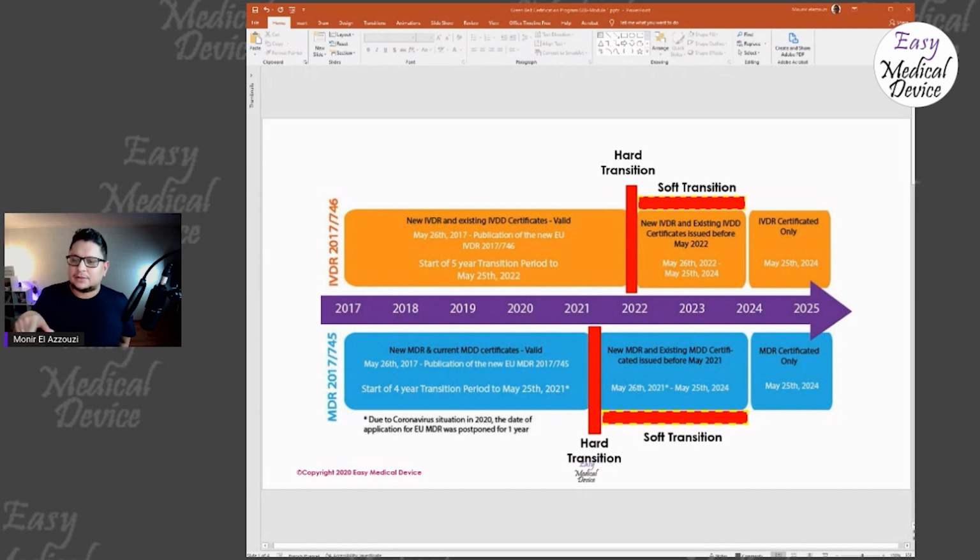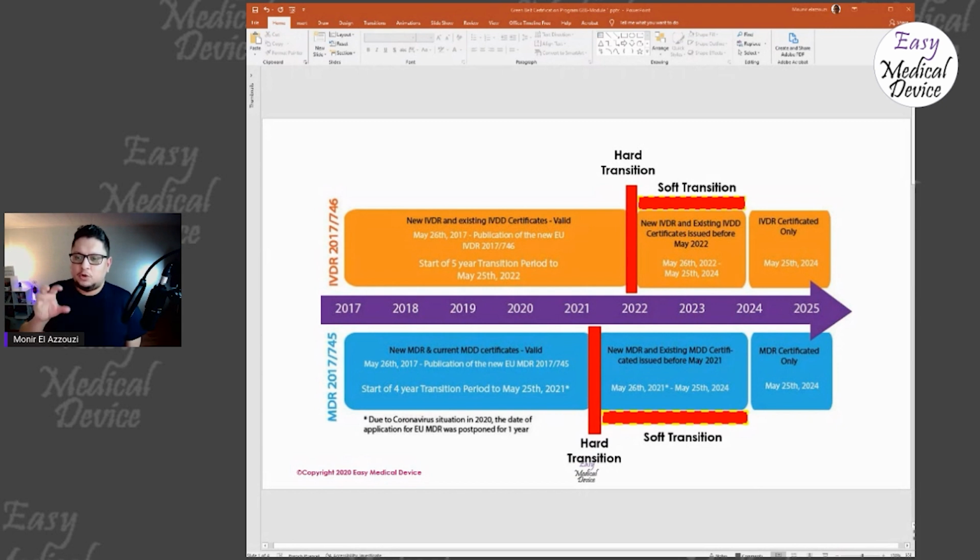Yeah, class 1R. So you know that before, surgical instruments or reusable surgical instruments were class 1. But there is a new classification that was issued by the EU MDR, which is class 1R for reprocessing, and only reusable surgical instruments are considered with this classification.